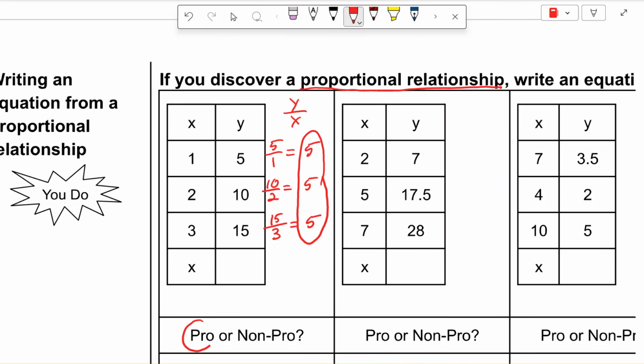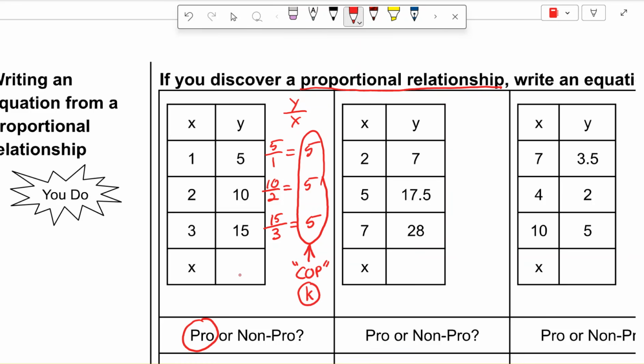So we'll circle proportional down here. And what does 5 represent? It represents the COP, constant of proportionality. Listen to the words. Constant. It's always 5. COP is also known as our k factor.